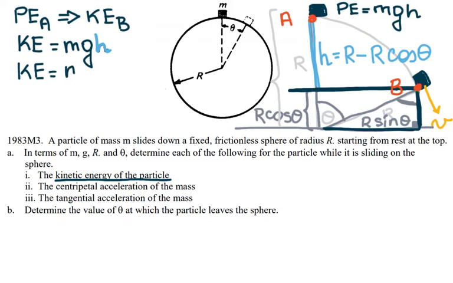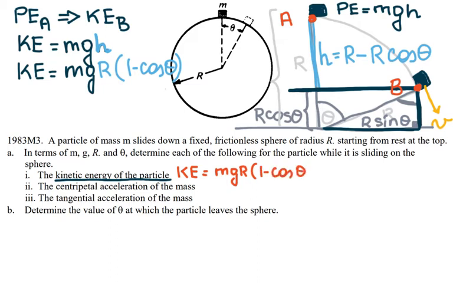Then I have mg, and I'm going to take r out, and I have 1 minus cosine theta. So that will be my answer for the first part: the kinetic energy is equal to mgr times 1 minus cosine theta.